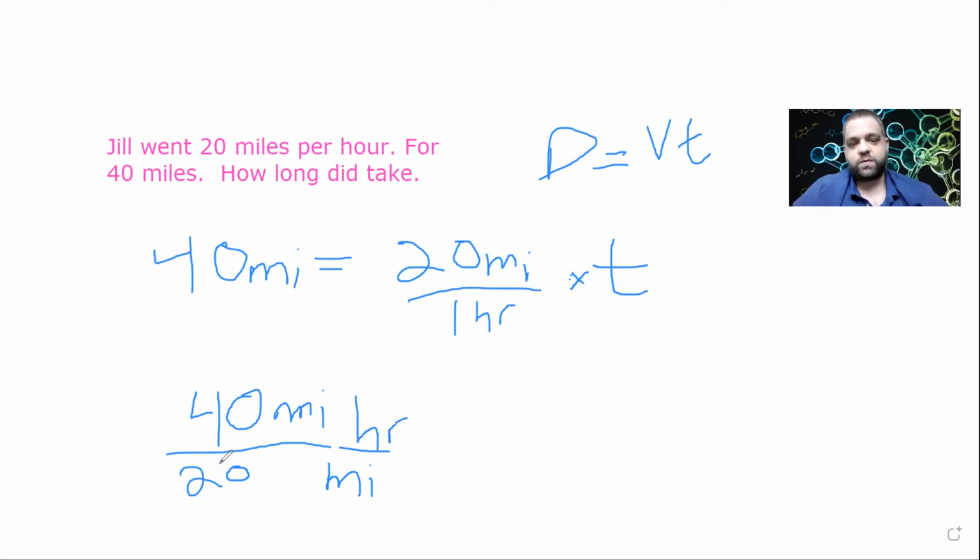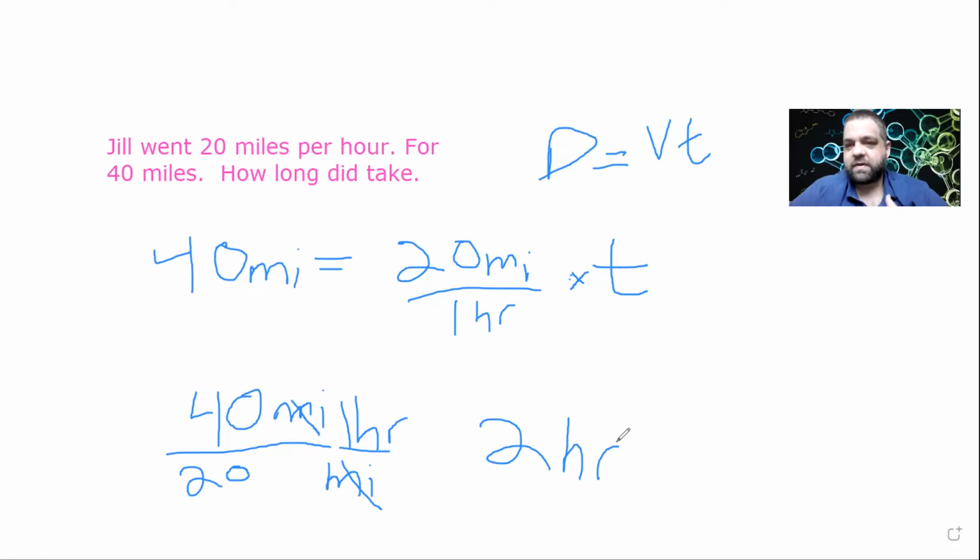Okay. 40 times 1 is 40. 20 times 1 is 20. 40 divided by 20 is going to be 2. My miles cancel out, and I'm left with hours. So it's going to take me 2 hours to do this. Right? Again, this problem, it's probably unnecessary to go through this sort of process, but that's only because it's a simpler problem. As these problems get more complicated, you're going to need a system like that. So that's how you do this sort of thing.